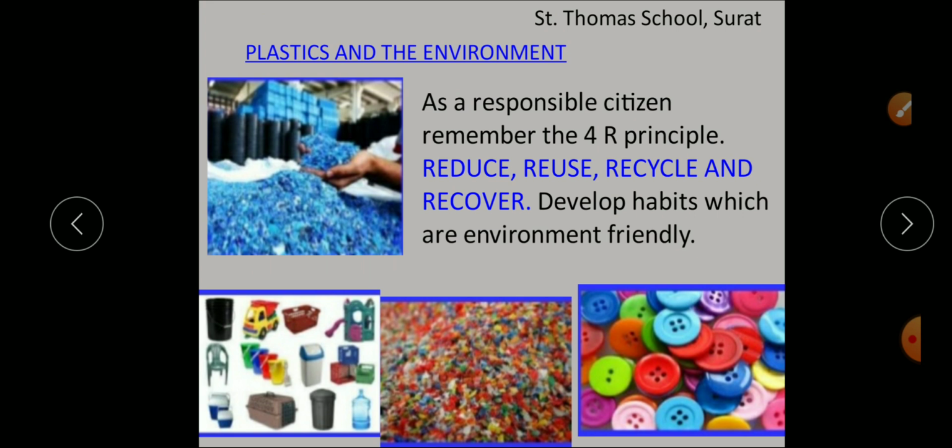As a responsible citizen, remember the 4R principle. What are the 4R principles? That is reduce, reuse, recycle and recover. We have to develop these habits which are environment friendly. Understood?